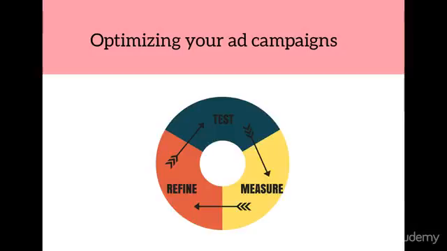And then finally, we look at refining the campaigns. By refining, I mean making some small tweaks and improvements to see if it's got a positive effect. Then you just repeat the process: you test your changes, you measure the results, and you continue to refine it until you've got a profitable campaign that's consistently performing well for you.